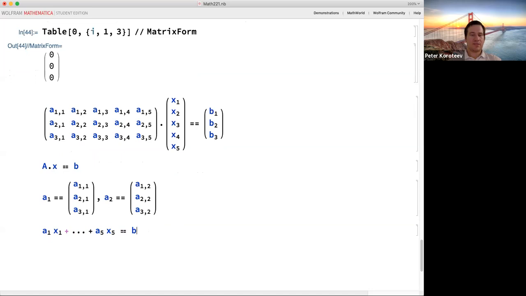So in other words, there should be a linear combination. There must exist coefficients x1 to x5 such that the linear combination of column vectors of matrix A with coefficients x1 to x5 is equal to b.